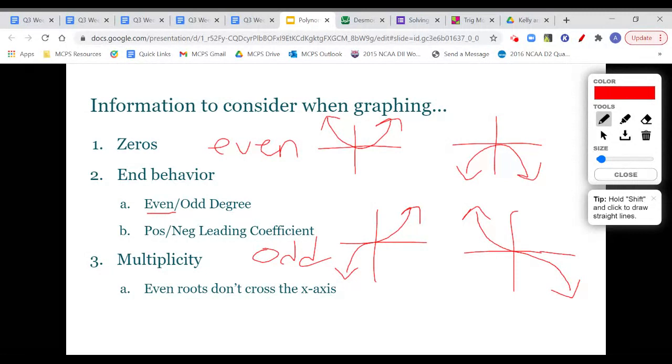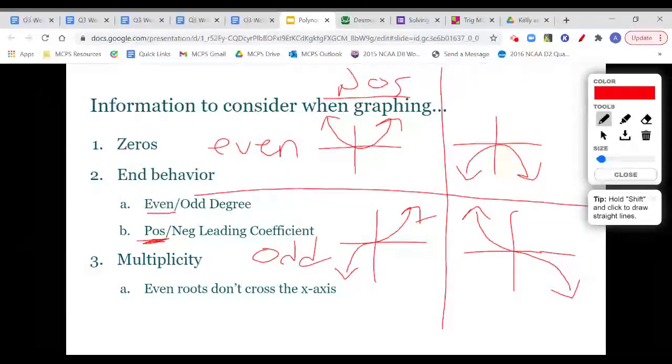Now, you also need to know about the positive or negative leading coefficients. So with a positive leading coefficient, you will have an even function that points up on both sides, or an odd function that is increasing, right? So we're sort of looking in quadrants now. So this left column, both of those would be positive leading coefficients, right? In this example, we are pointed upwards.